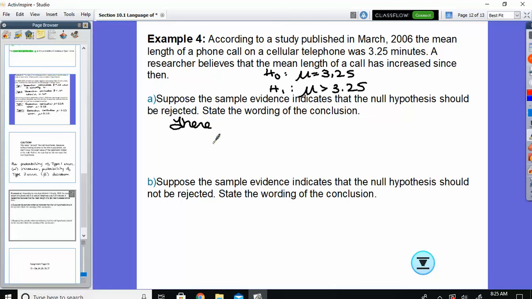We can't say for 100% certainty because I'm using my sample, not the population.